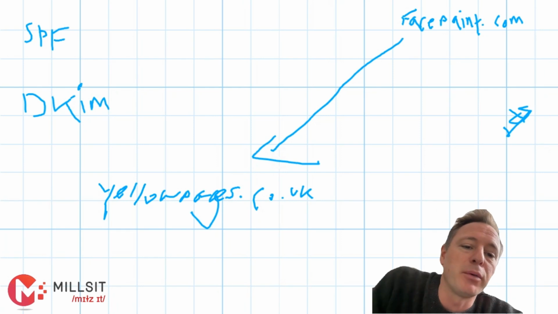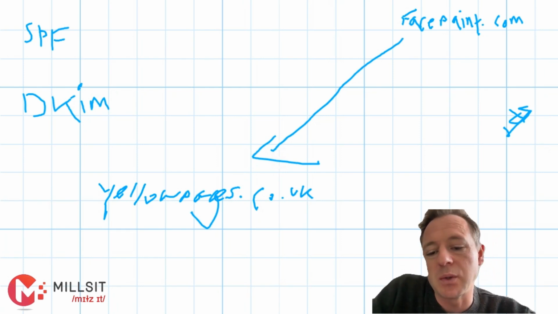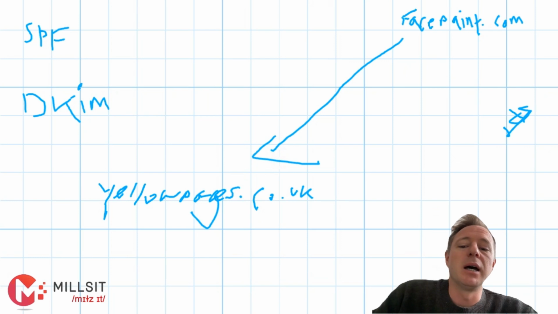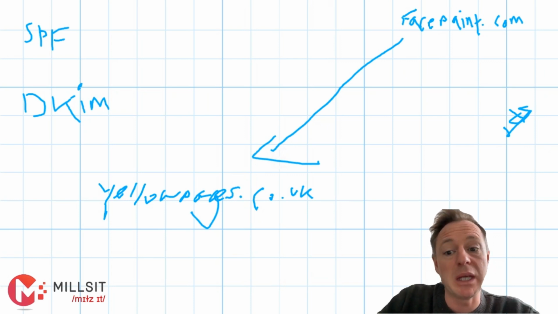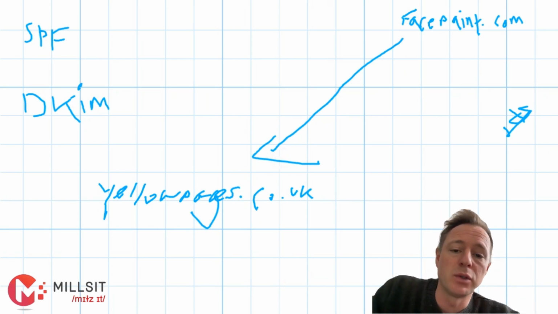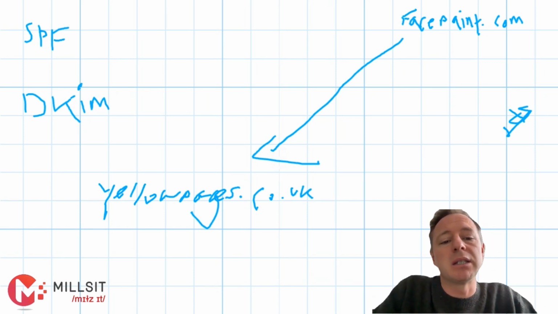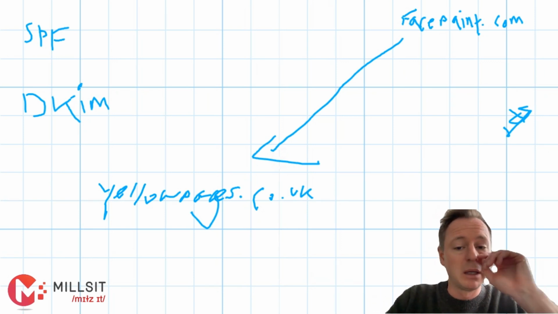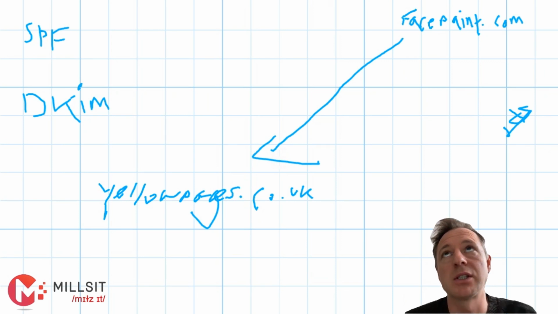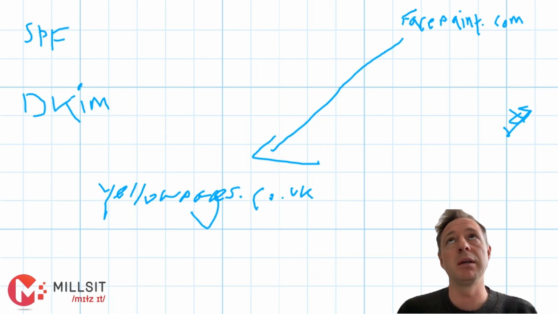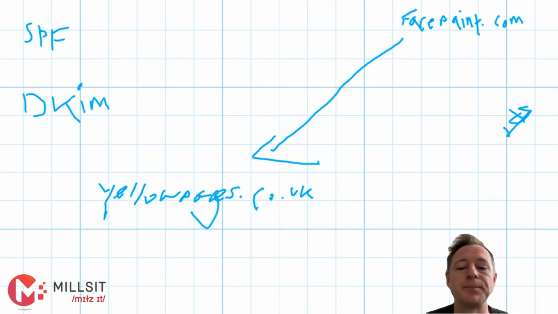You're sending an email from your domain facepaint.com to yellowpages.co.uk, and when that recipient's mailbox receives your email, it's going to check the key that's been put into your email itself, and it's going to do a lookup online, again in the DNS zone for facepaint.com, and check to see, does the private and public key link up? Has it been tampered with? Is the encryption, the crypto part of it, correct?